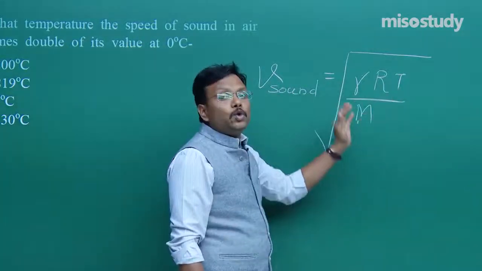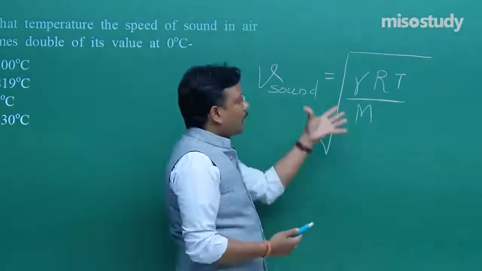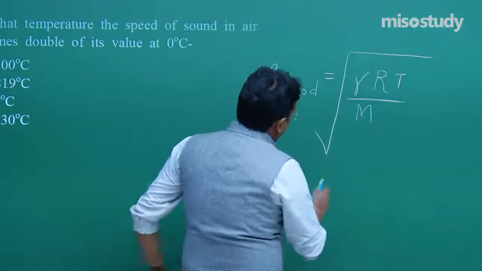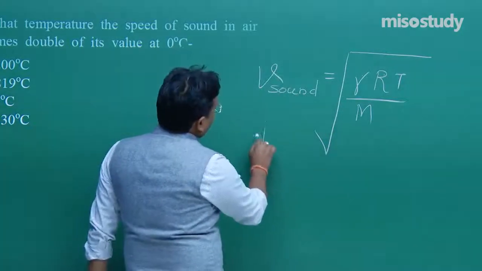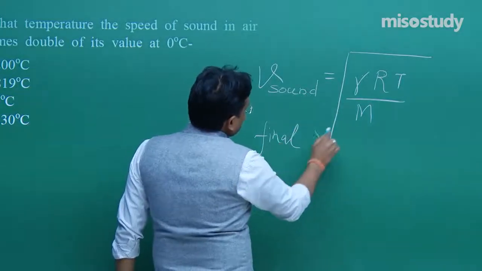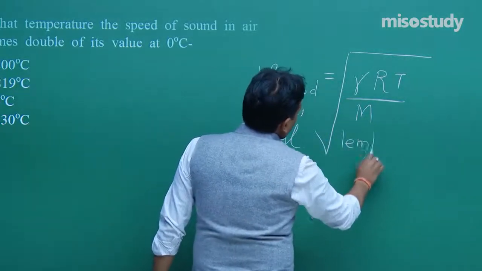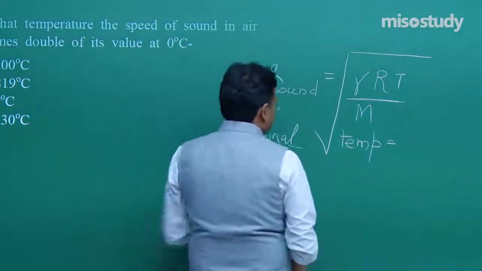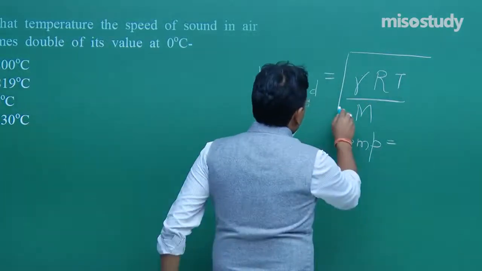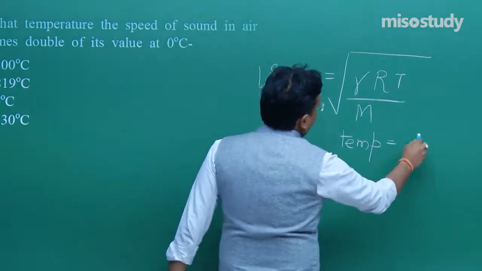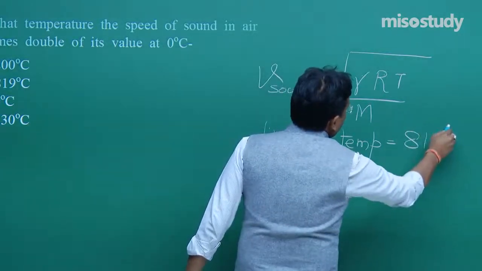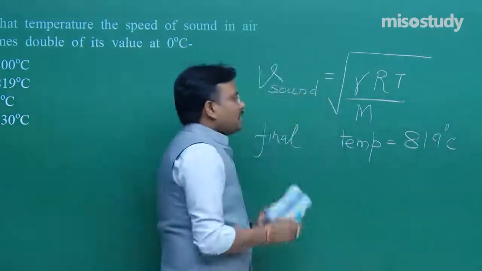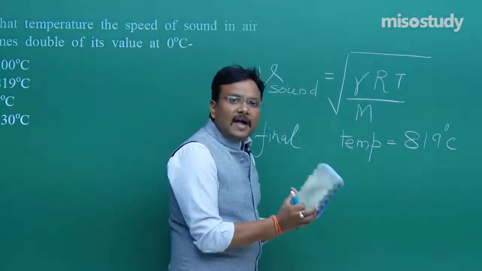So it is 273 plus T. Accordingly solve it and you will get final temperature is equal to 819 degrees centigrade.